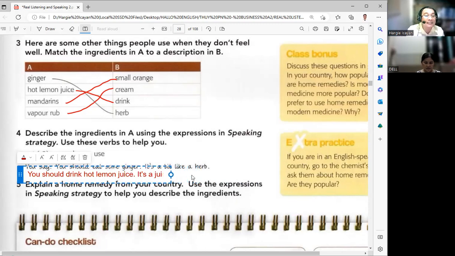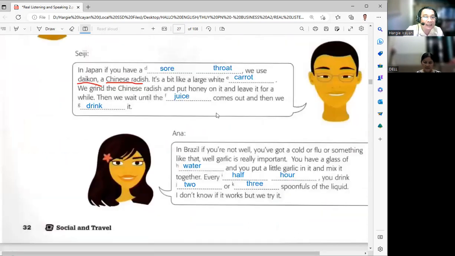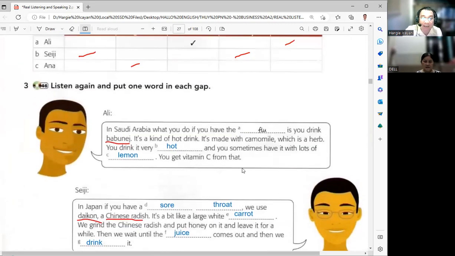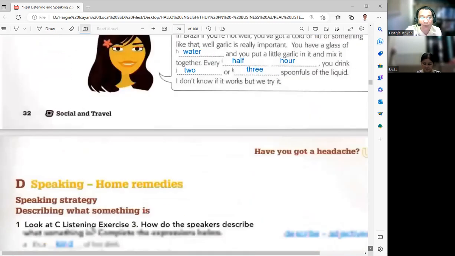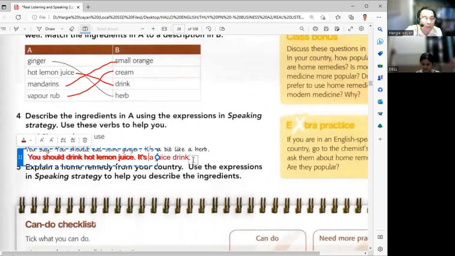It gives us vitamin C. You can get vitamin C from that, right? So you should drink hot lemon juice. You can get vitamin C from that. Okay, very good.